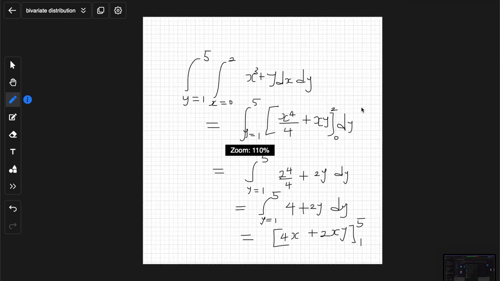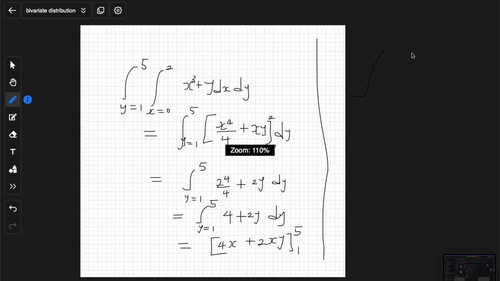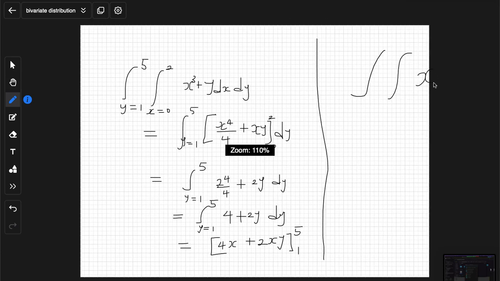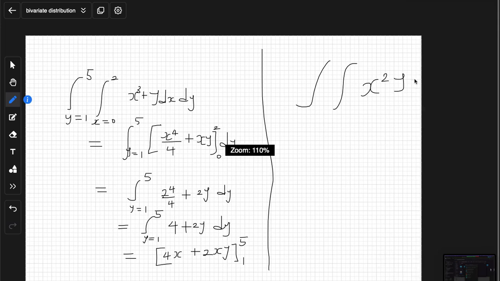But what about a situation where you have, let's do another one, something like the integral of x raised to the power of 2y plus x raised to the power of 5.